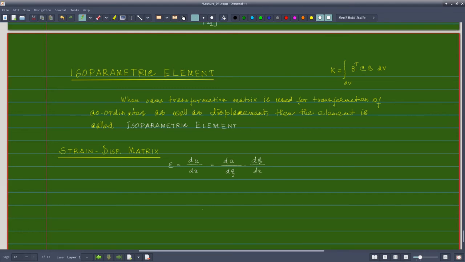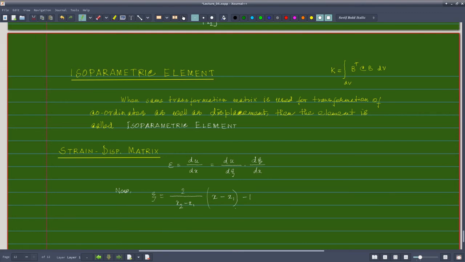Now we know that xi, we had defined it as 2 by x2 minus x1 times x minus x1 minus 1, right?